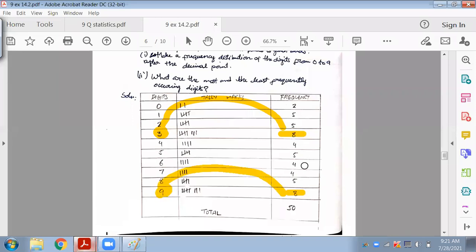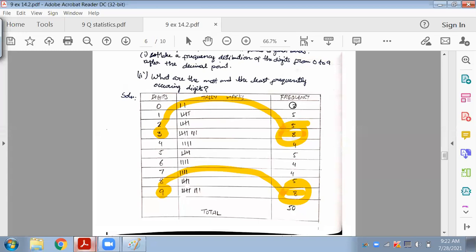So the highest frequency is 8, and for both the 8s, the digits are 3 and 9. So the most frequent occurring digits are 3 and 9. We just have to see the highest frequency, and from there we can tell the most frequent occurring digits.